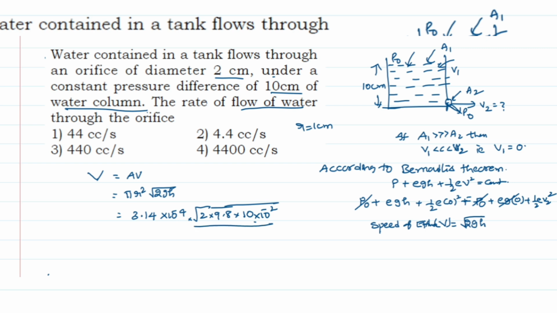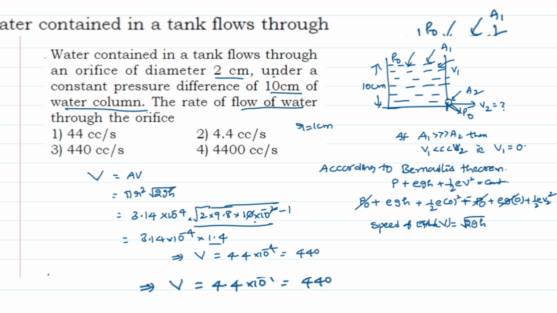Simplifying, 3.14 into 10 power minus 4 into 1.4, so the rate of flow of water through the orifice is 4.4 into 10 power minus 4, which is 440 cubic centimeter per second. So the third option is the correct answer.